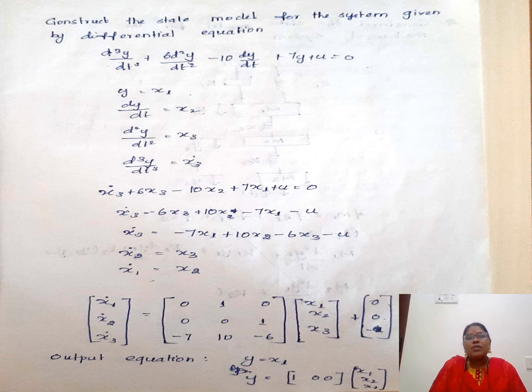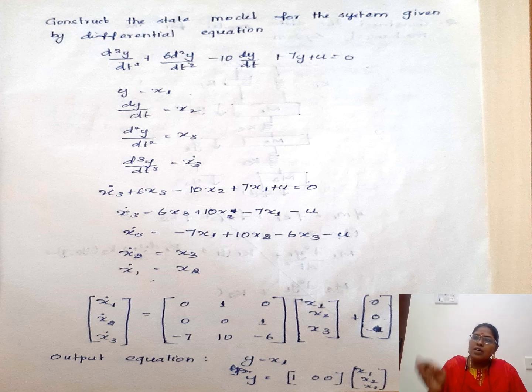If you take one derivative, x1 dot becomes dy by dt, which is equal to x2. Similarly, x2 dot is one more derivative, d square y by dt square, which is equal to x3.